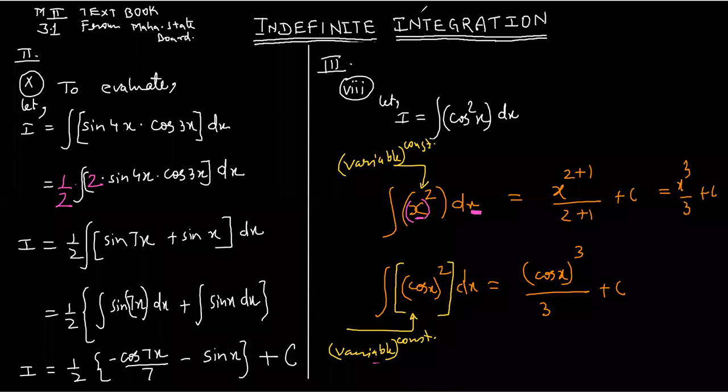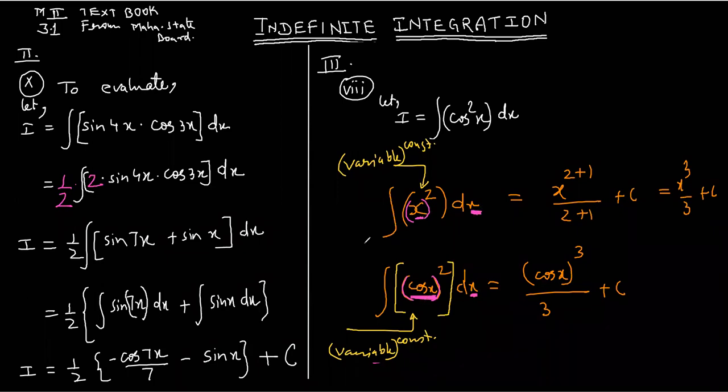Now I ask you students, what is the variable in this? When you say variable raised to constant, it is cos x which you are referring to as the variable. But the variable with respect to which you are integrating is x. So check: variable matching, or variable not matching.